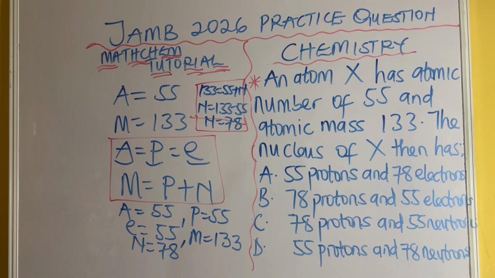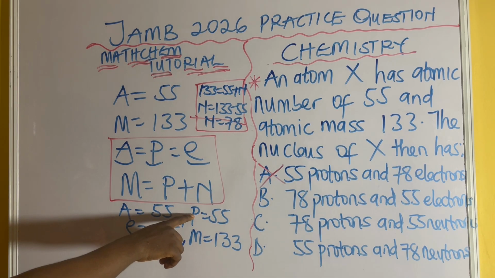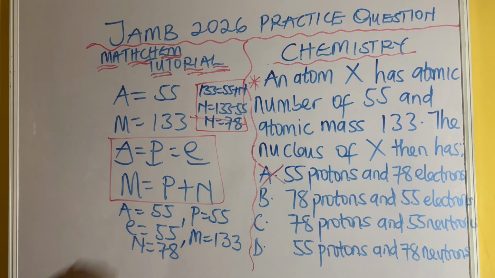They said the nucleus of X then has 55 protons and 78 electrons. The electron is not 78, it is 55, so A is cancelled. B, 78 protons, the proton is 55, meaning that B is cancelled.